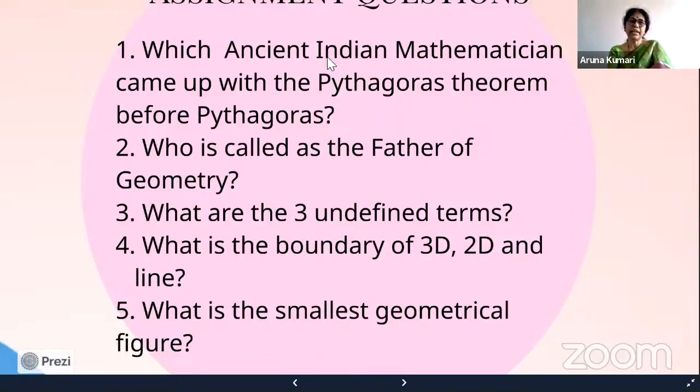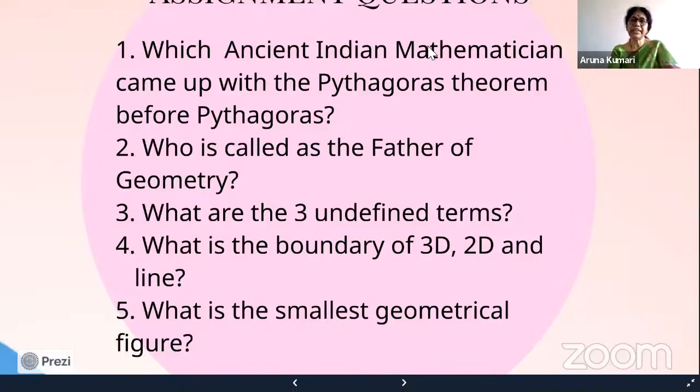So who is that ancient Indian mathematician? Before Pythagoras, he explained it in his book, but nobody knew about it. After Pythagoras came and stated it, everybody came to know. That's why it is named after Pythagoras.